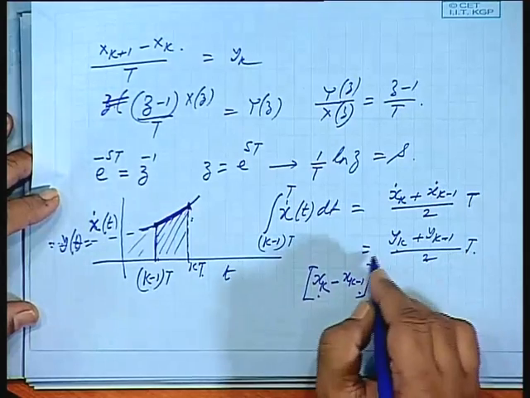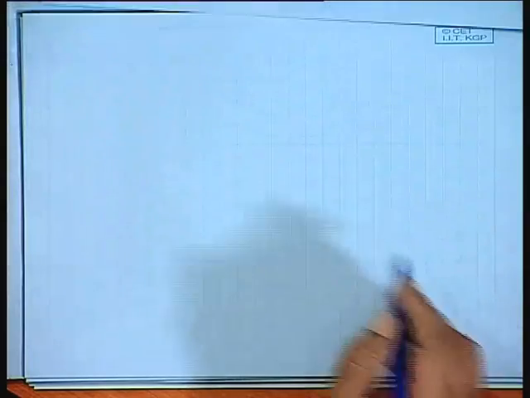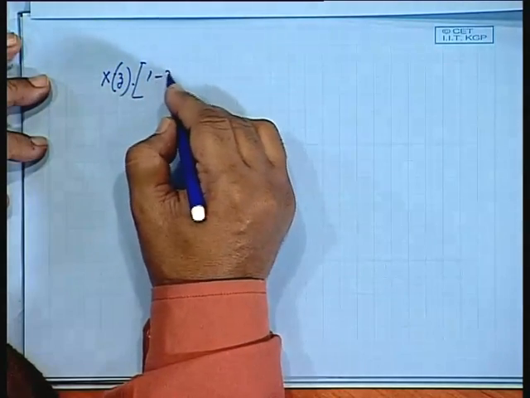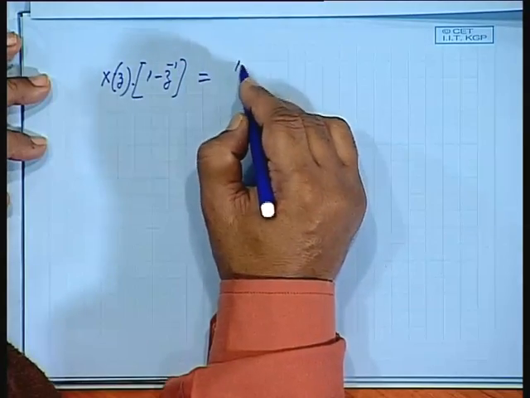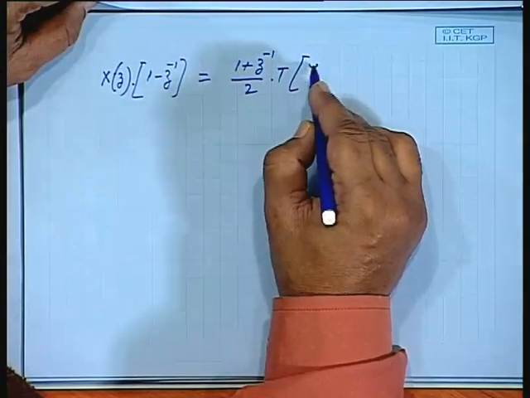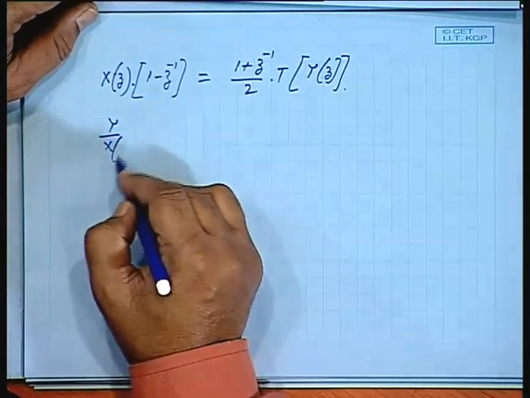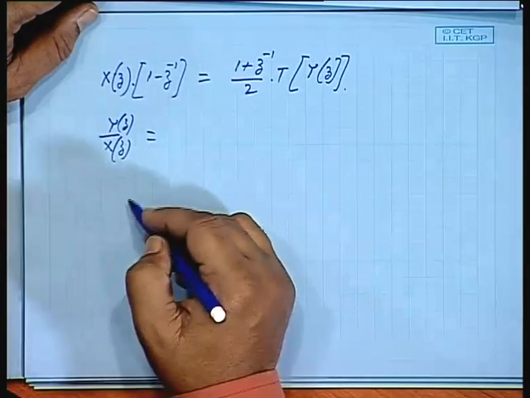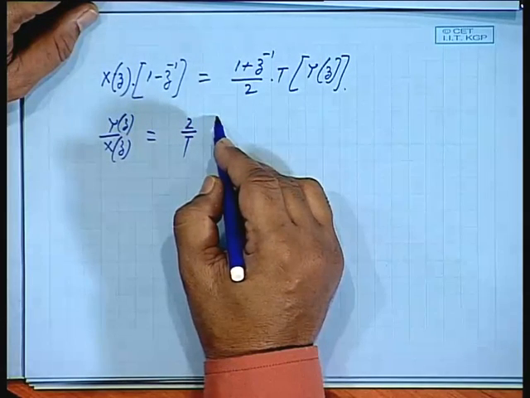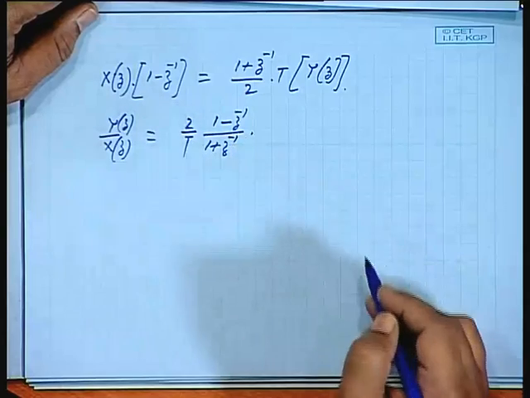If I now take the z transform on both sides, I get x k will be x z, I get 1 minus z inverse on this side, and on this side 1 plus z inverse by 2 into t into y z, or y by x in the z domain will be 2 by t into 1 minus z inverse by 1 plus z inverse.